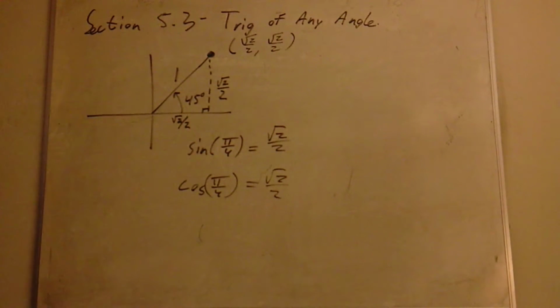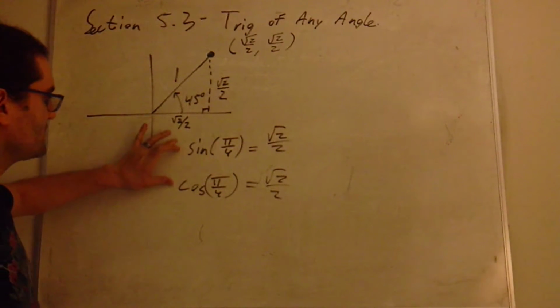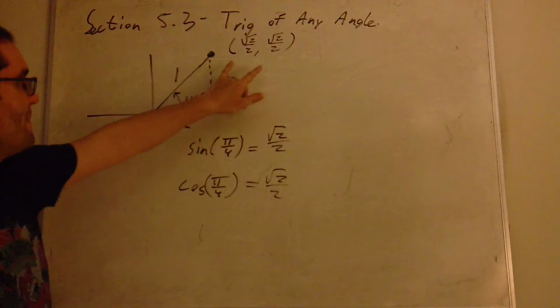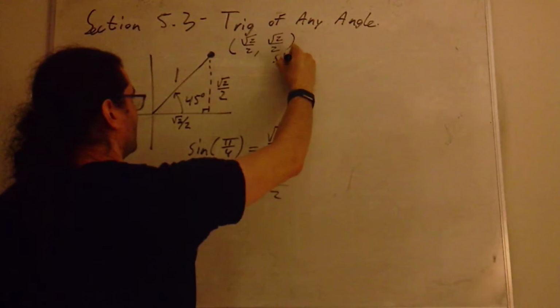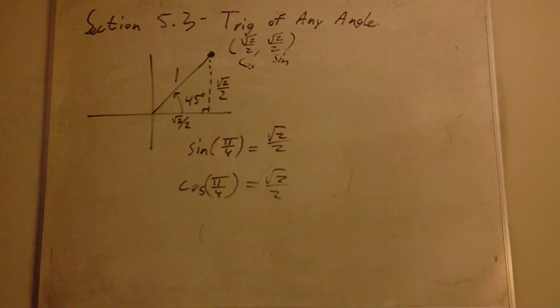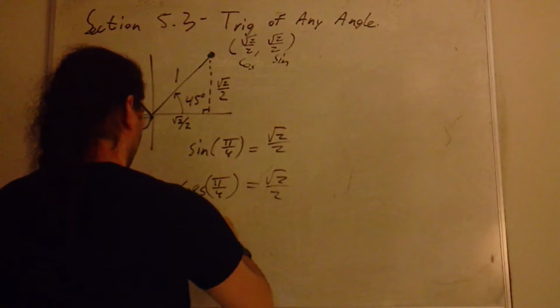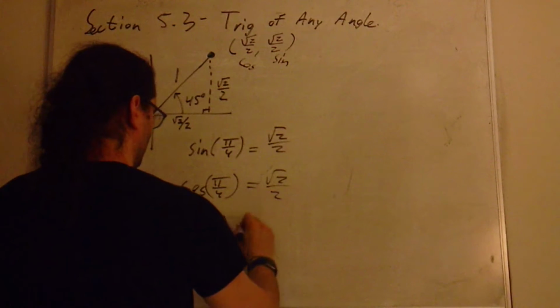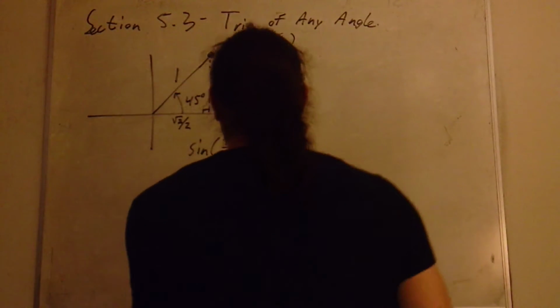So the really convenient thing here is the sine and cosine values match your x and y values. Sine is your y value here, cosine is your x value here. And that's pretty handy. The tangent here would be root 2 over 2 divided by root 2 over 2. That would be 1.